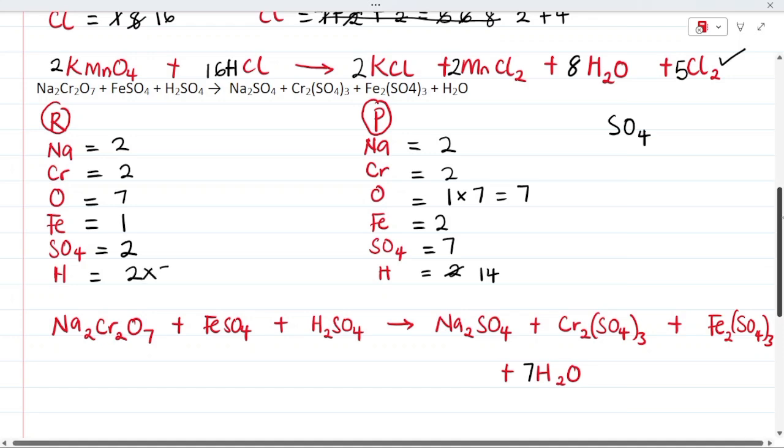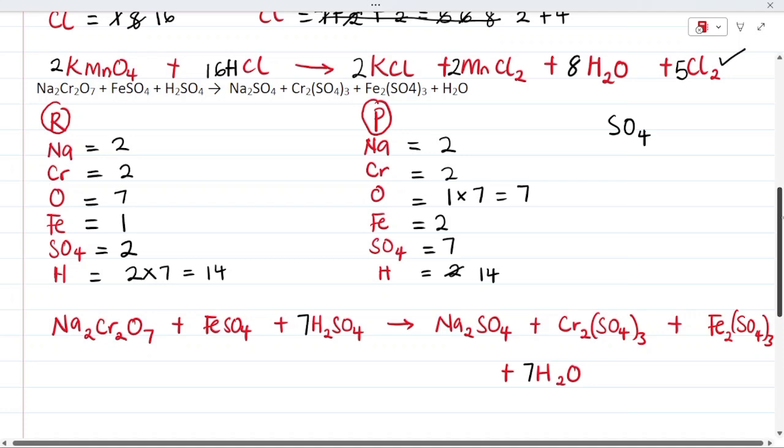Simply multiply by 7. 2 times 7 gives us 14. So I simply go to where I have hydrogen on the reactant side and place my 7 there. Going pretty well currently. Now, here's the next step.